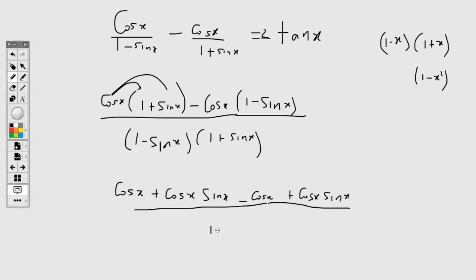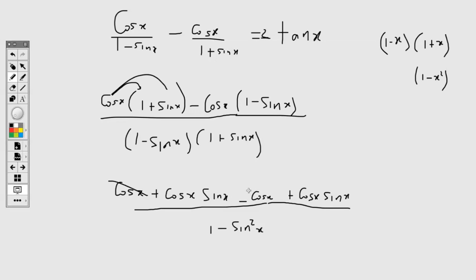This is the same thing as 1 minus sine square x, difference of 2 squares. But you could expand it or say 1 times 1 is 1. 1 times sine x is positive sine x. But it's going to cancel with this minus sine x, because minus sine x times 1, that's minus sine x. And minus sine x times positive sine x gives me minus sine square x.